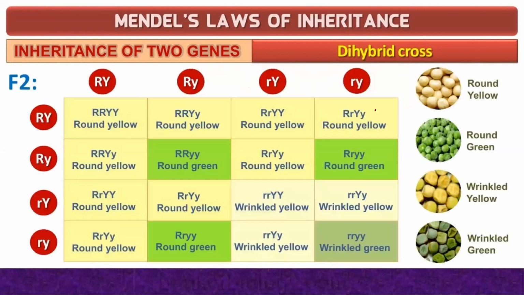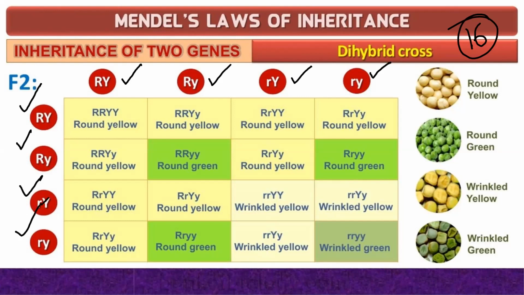In the F2 generation, the Punnett square is quite large compared to the monohybrid, because here a total of 16 boxes are there, 16 progenies will be formed. The method is similar. We have to arrange gametes on both sides, and at the end, by crossing them, we'll have 16 different kinds of progenies.